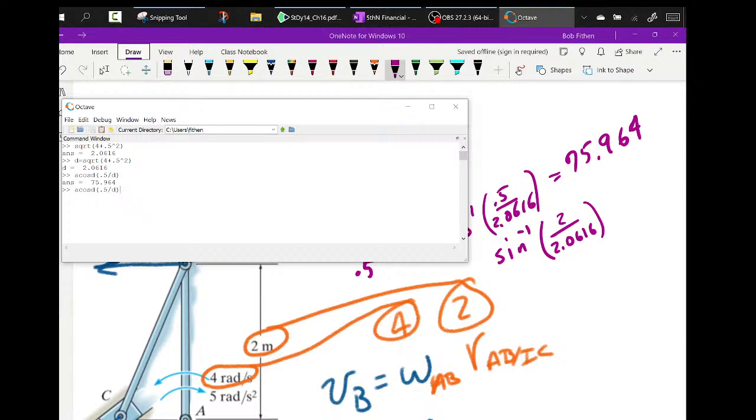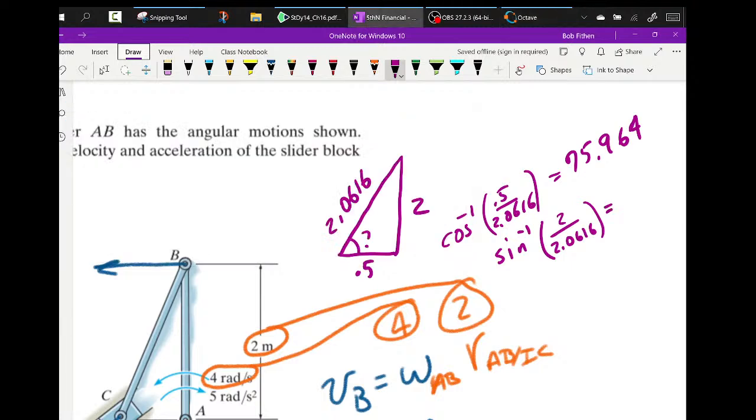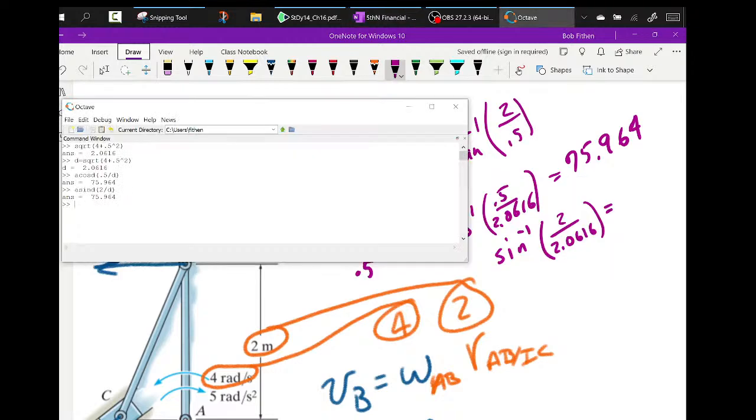Let's go back now, just as a check. 75.964. Now, some people might have wanted to come in and done the arctangent of 2 divided by 0.5, well, I'll do it that way, and you get the same amount either way.